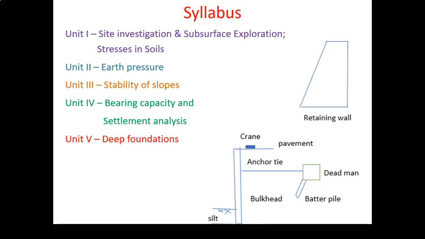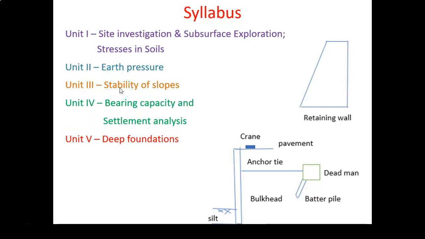The failure of a natural slope is called a landslide. Man-made slopes such as earthen embankments, earthen dams, excavations made for foundations, and canal slopes will also be subjected to failure if they are not designed properly. The stability analysis of earth slopes will be discussed in Unit 3.